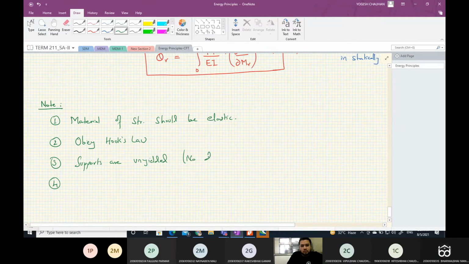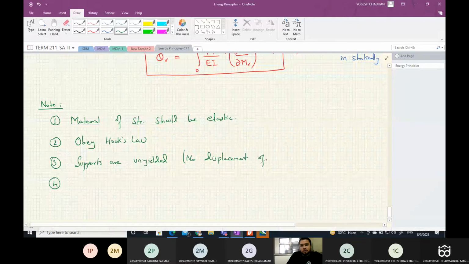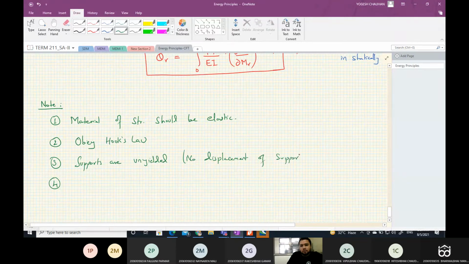That is, no displacement of supports, and temperature remains unchanged.